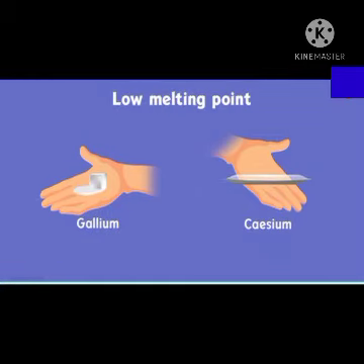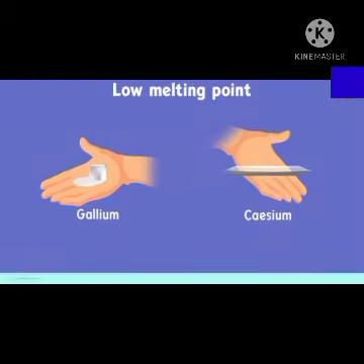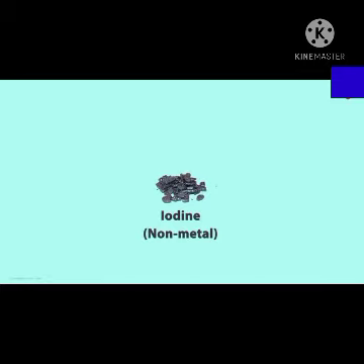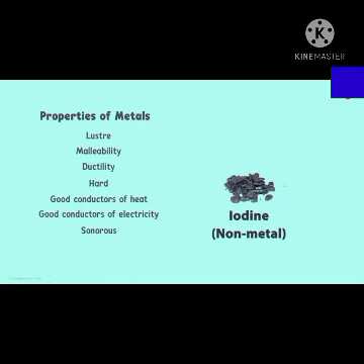Look at another exception in non-metals. Iodine, for example, is a non-metal, but it has a property of metals. Can you point out which property I am talking about? Correct, the luster. Iodine has luster, which is technically a property of metals.